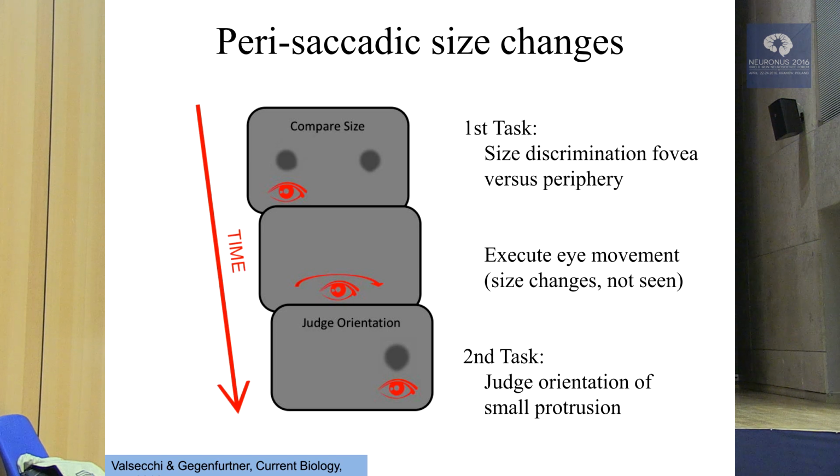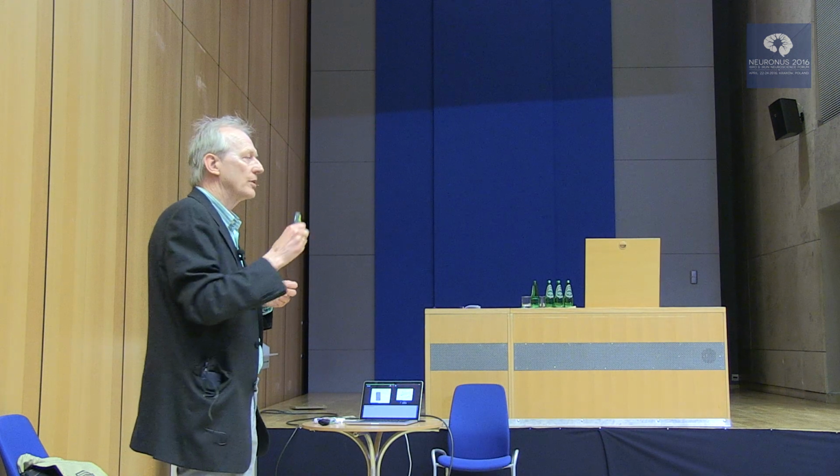The important thing here is that while the observers make the saccade, we change the size of the peripheral object and increase or decrease its size by 10%. Because we're blind during the saccades, observers do not perceive that change in size.